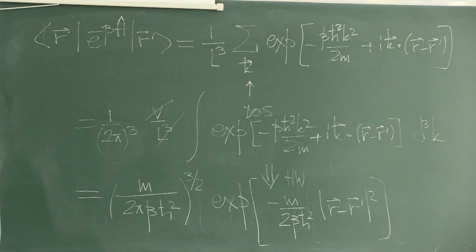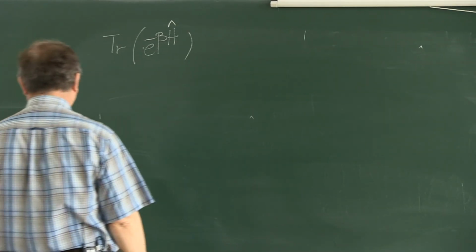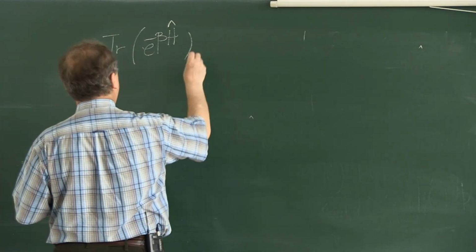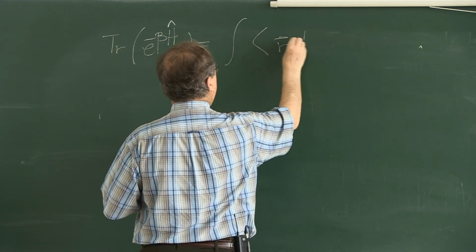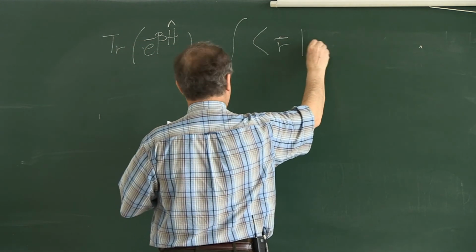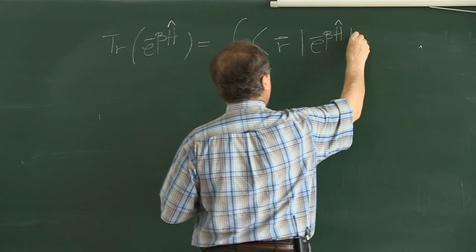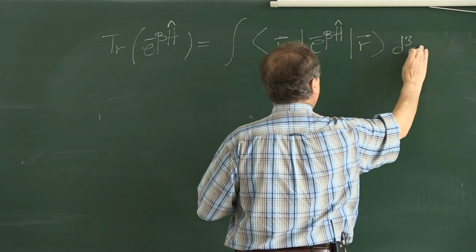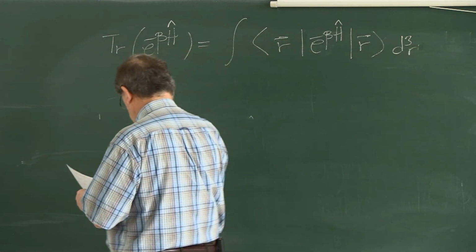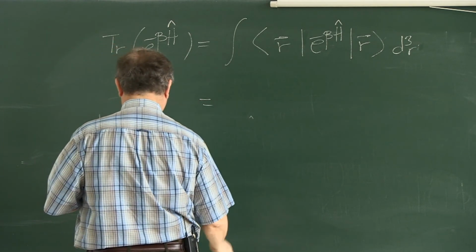That is nothing but the partition function, isn't it? Okay, let's do that. It is the integral of the diagonal element R e to the minus beta h R, d cube R. We have done this.